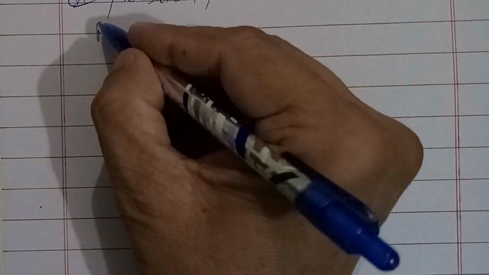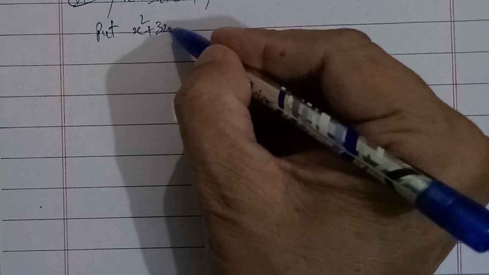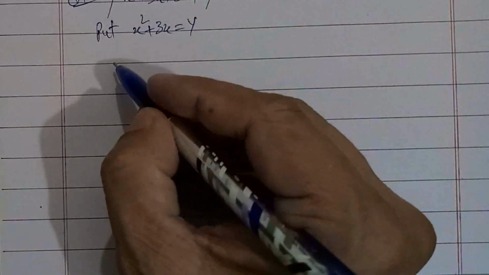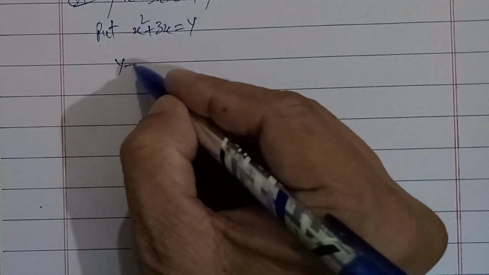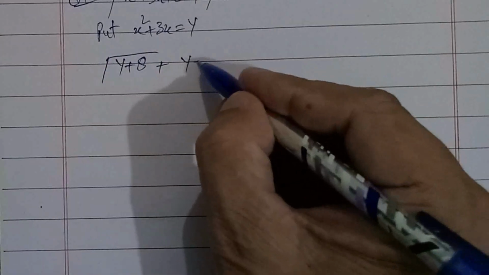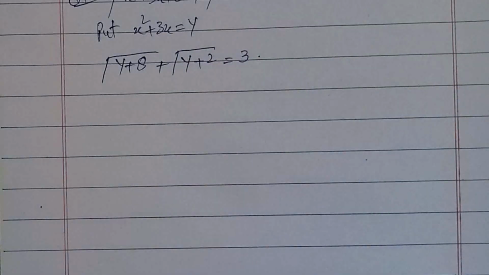In this question we use the substitution method, which is put x square plus 3x is equal to y, and we get, by putting the value of y, square root of y plus 8 plus square root of y plus 2 is equal to 3.